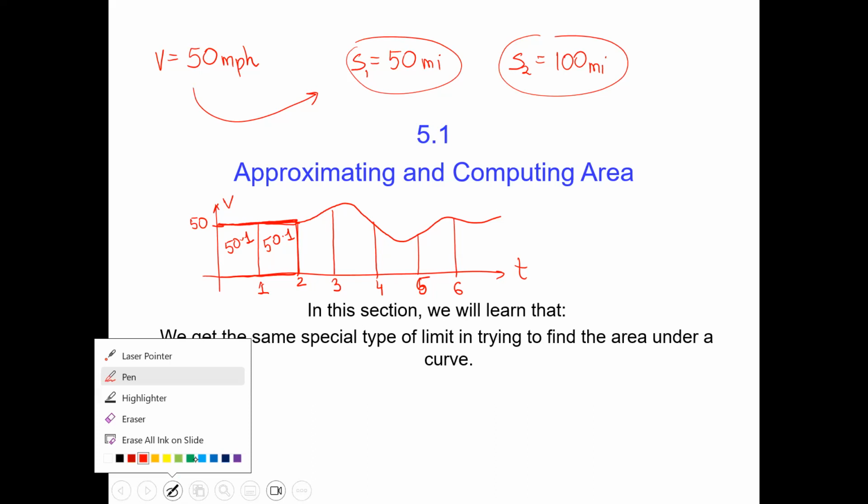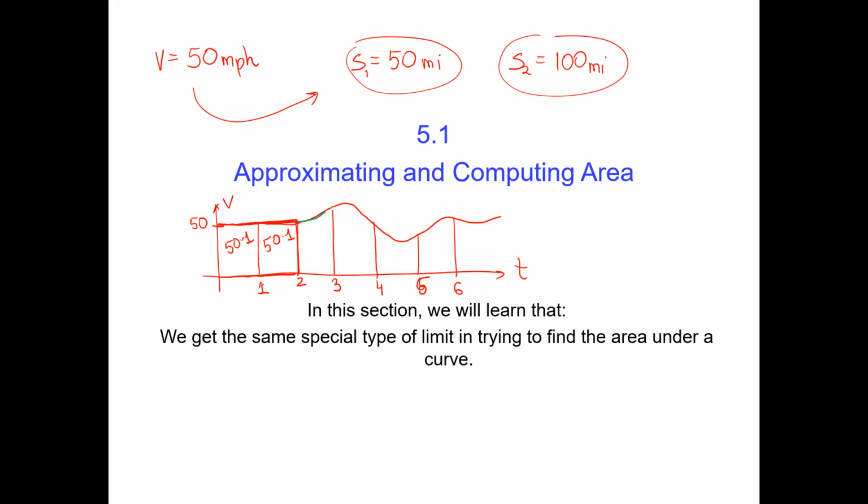But now, since I'm not driving with constant velocity, what is that area? If one side in this case is not straight, what is this area? Because this area will tell me the amount of miles. And this is the introduction to integral calculus.